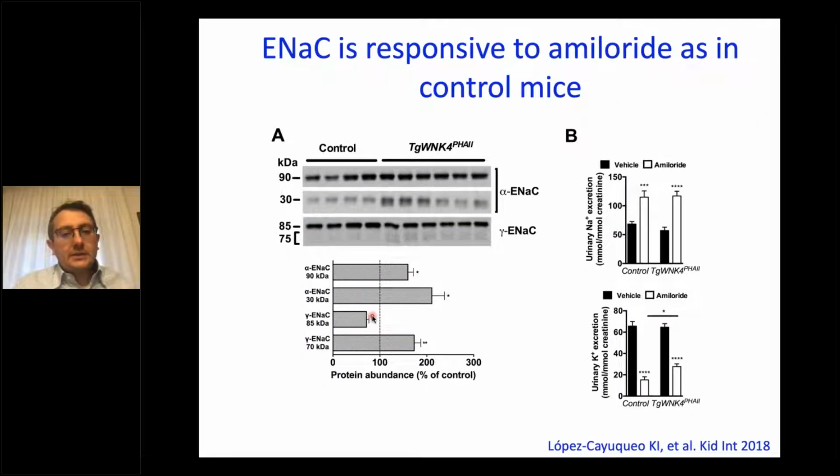And as you can see here, in these mice ENaC activity is sustained, and this is proved by the increased form of the cleaved alpha and gamma ENaC, and ENaC properly responds as in the control to amiloride, both in terms of salt and potassium excretion.